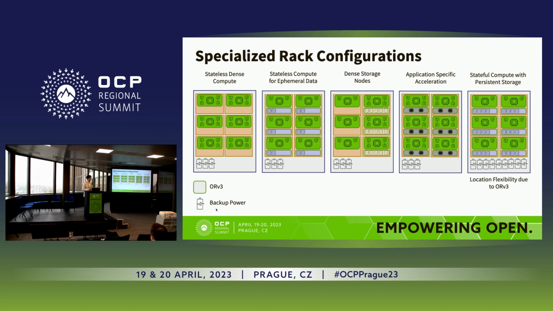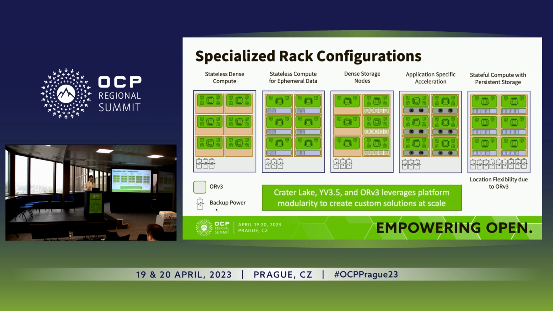But with ORV3 allowing us to decouple that, we can actually use these types of racks in more services and tiers without being tied to a specific location in the data center or even data center region. So this is how Crater Lake, Yosemite V3.5, and ORV3 help us build custom solutions that can help applications to scale.